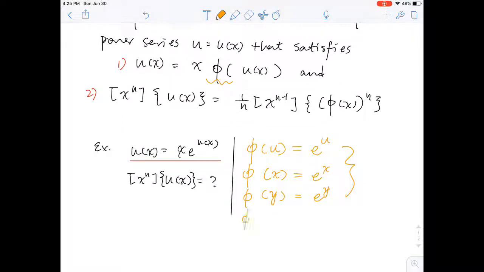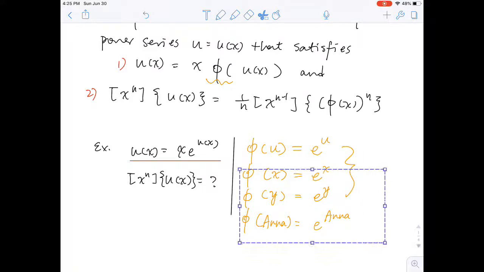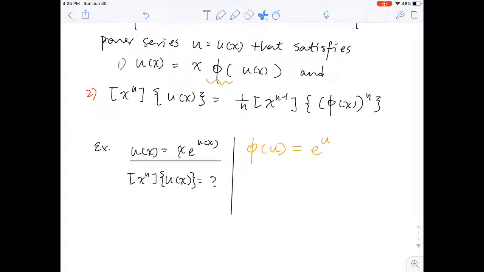I can also write phi(n) equals e to the power of n, where my variable is named n. So it's important to keep in mind that I choose u as my variable here. And why do I choose u? Because we already have an x here, and I don't want to confuse you with x as the variable.